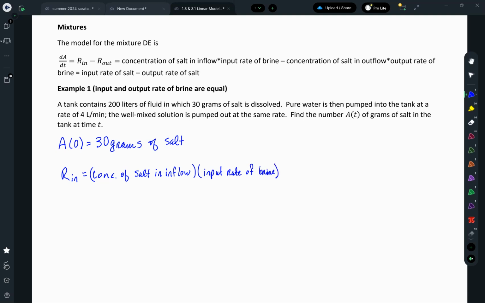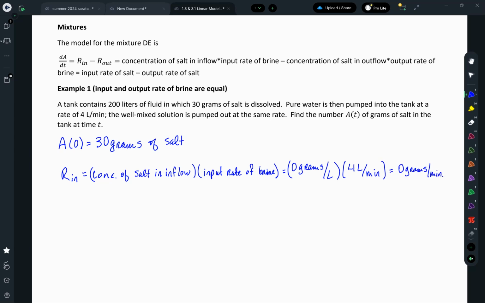The concentration of salt in the inflow is 0 grams per liter because it was pure water. But there is still an input rate, even though it's not brine, and that input rate is 4 liters per minute. Notice the units that cancel are the liters, and so what I get is 0 grams per minute.